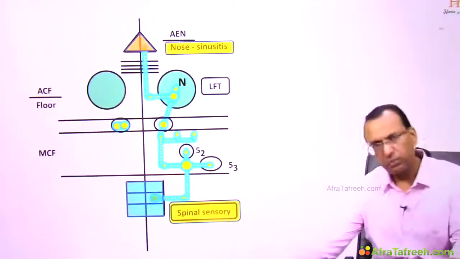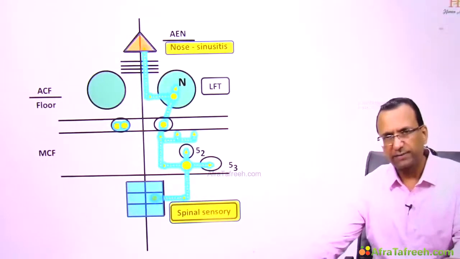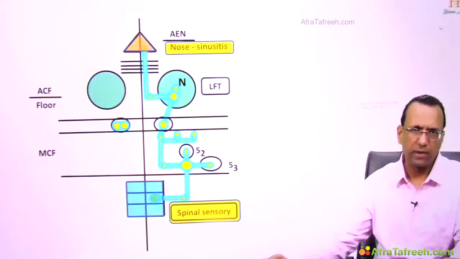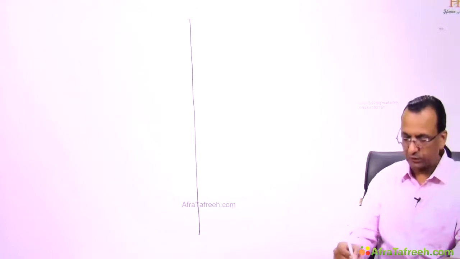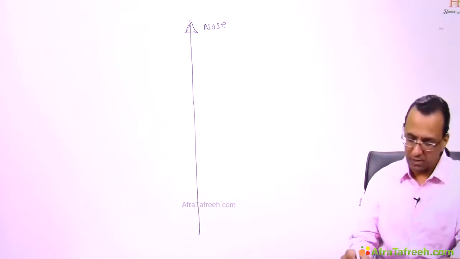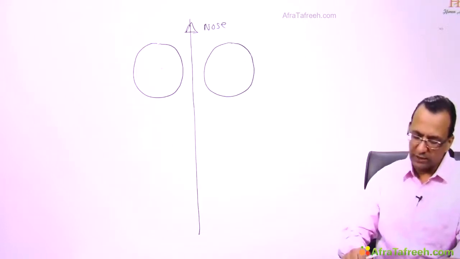This diagram. Why would you draw this diagram? Because I want to know some nerves passing through the ring of Zinn and some nerves passing outside the ring of Zinn. Again, the superior view of the cranial cavity. You will draw a midline of the body, showing the nose anterior, and then you will tell this is the left orbit and that is the right orbit.